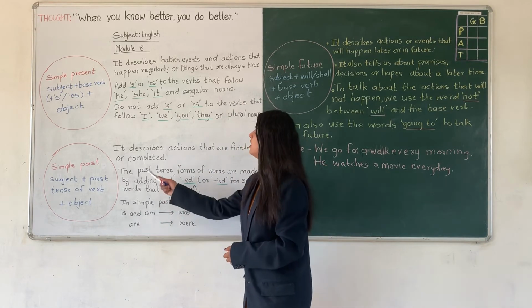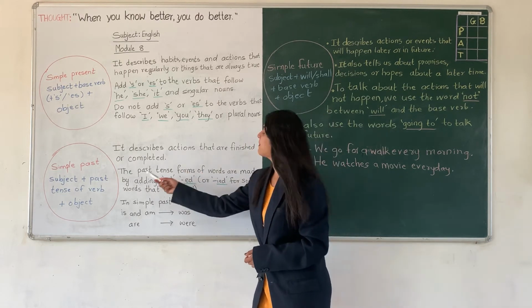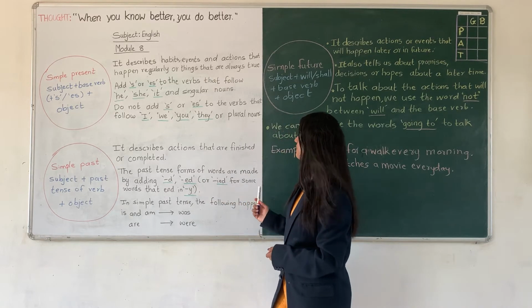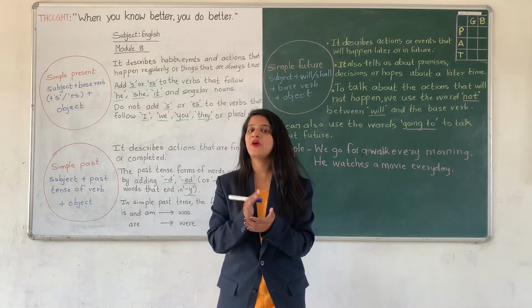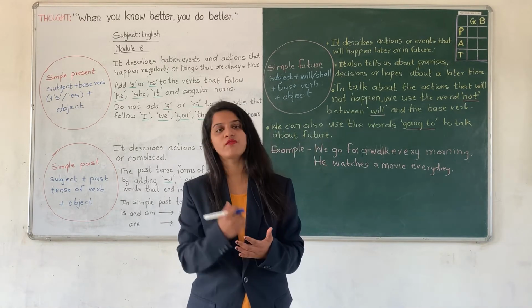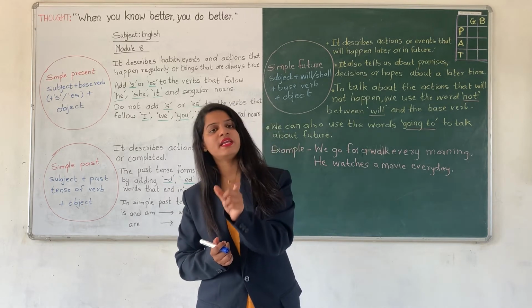Alright? Now the past tense forms of words are made by adding d, ed or ied for some words that end in y. Okay. Now my dear children, whenever we want to write the past tense form of a verb, we just simply add d or ed.